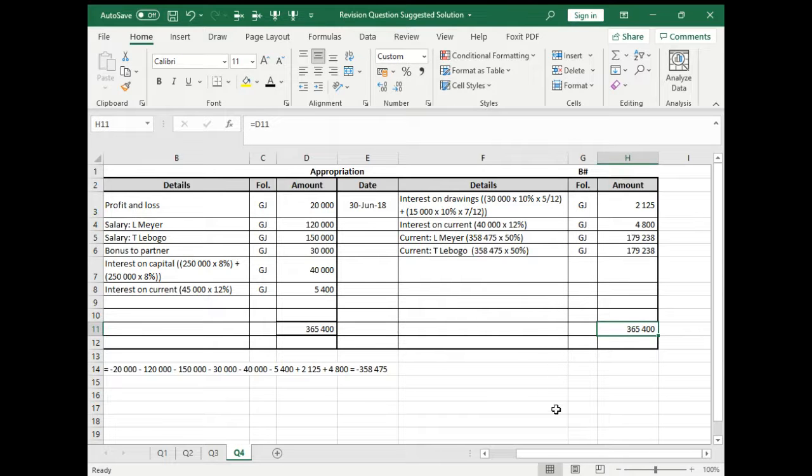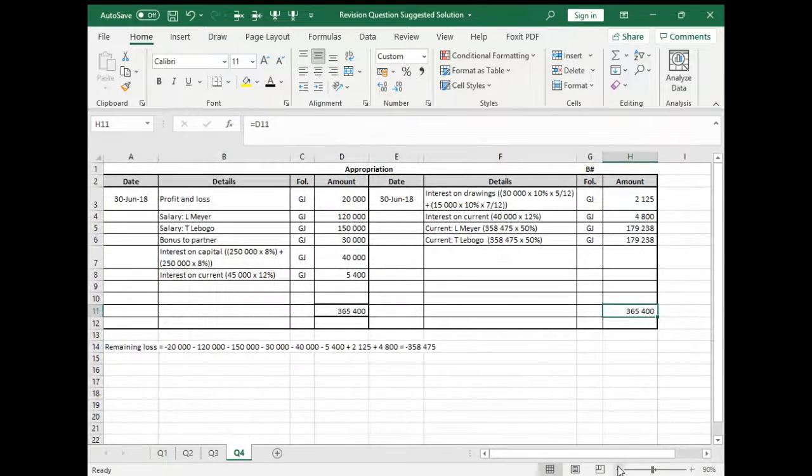Okay, and this is how you do an appropriation account. Okay, so this current account would be on the debit side if we made a profit. And if we had a profit initially, it would be on the credit side, on the opposite side. But the rest of it would generally be more or less the same.